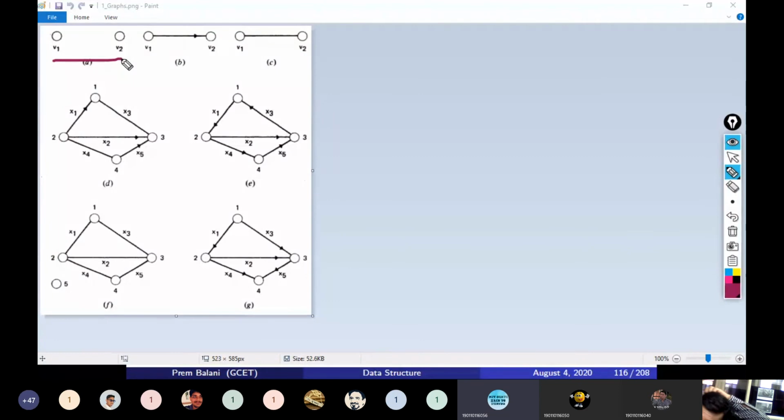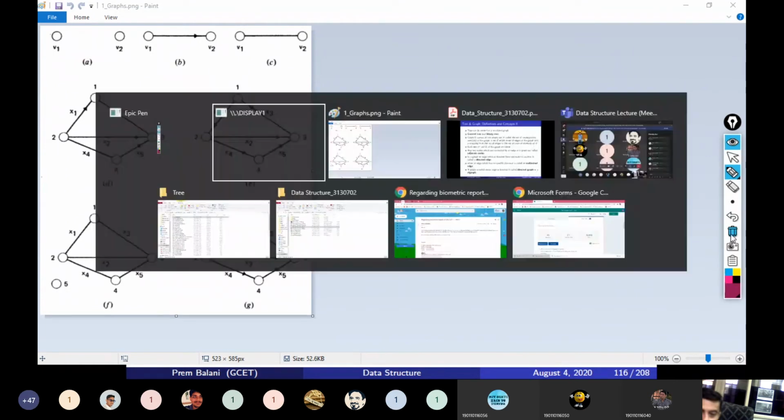No, we cannot say that, because that graph has a different name. It would come later on. A graph having no edges has different terminology, and we are going to see that soon, right? Okay. So now let's go ahead.